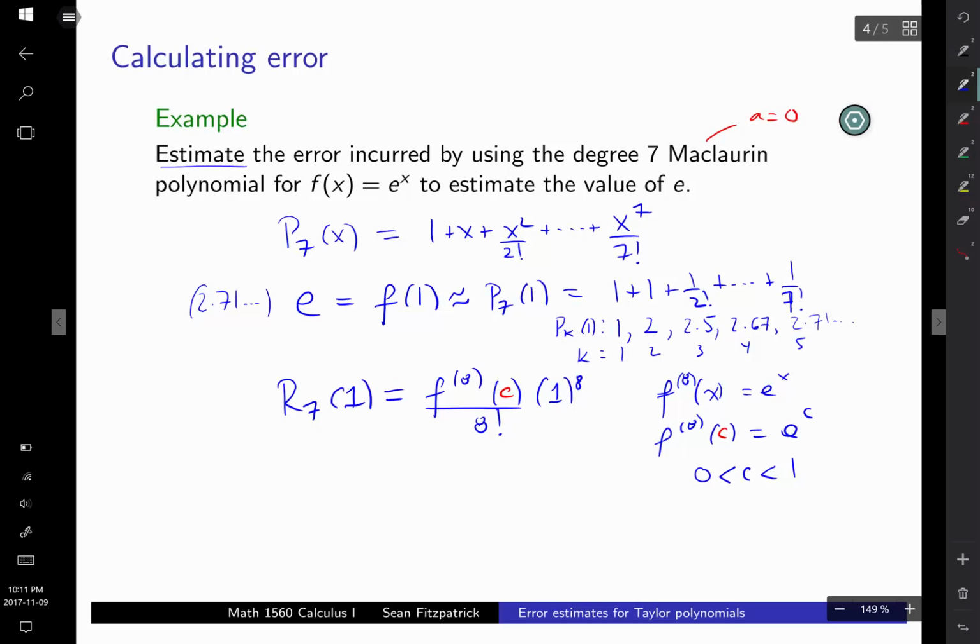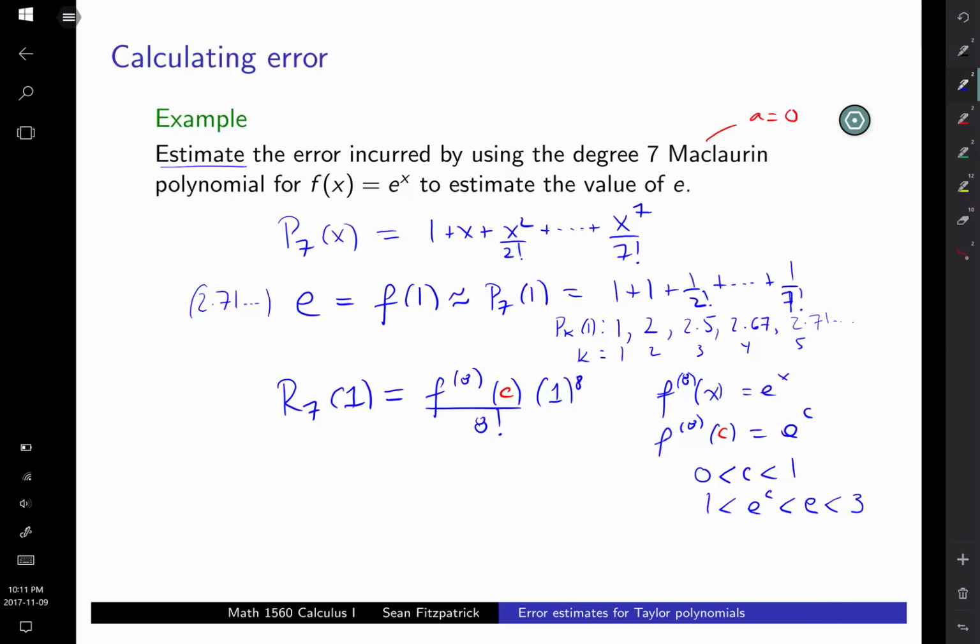And so then I know that e to the c is somewhere between 1 and e. And there are ways of convincing yourself that e has to be smaller than 3. So e is less than 3.